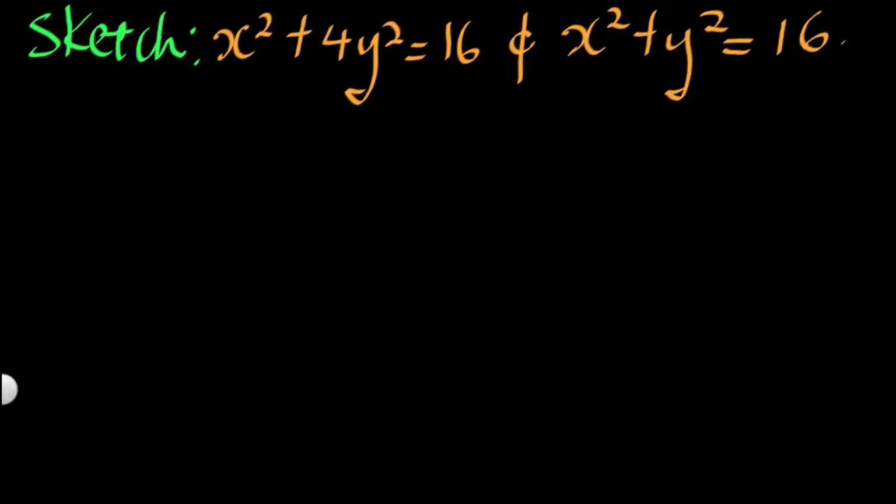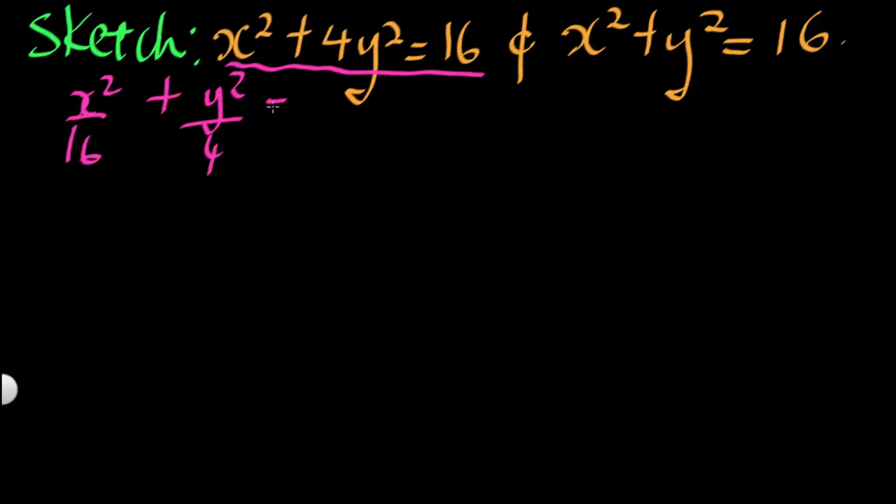I'm going to sketch these graphs. If I look at the first graph, I'm just going to rearrange it in a certain form. I'm going to divide by 16 throughout. If I do that, I will get x squared over 16 plus, if I divide 4y squared by 16, I get y squared over 4 equals 1.